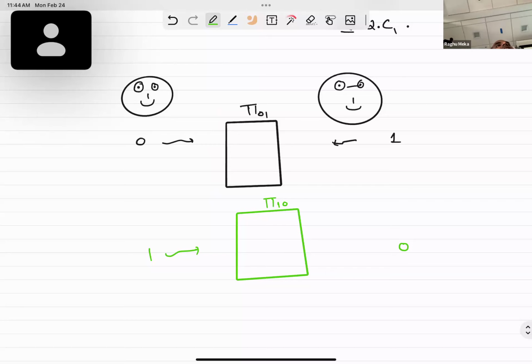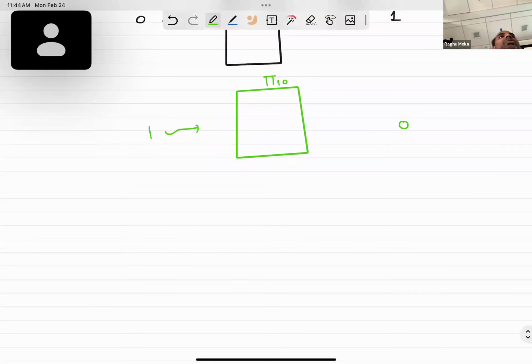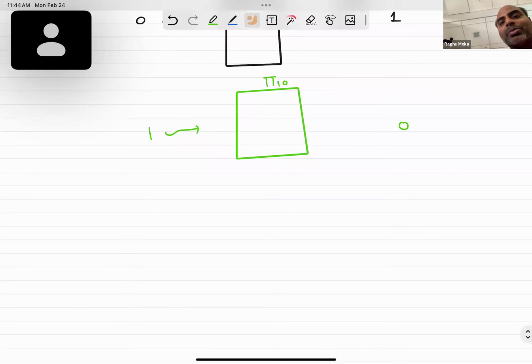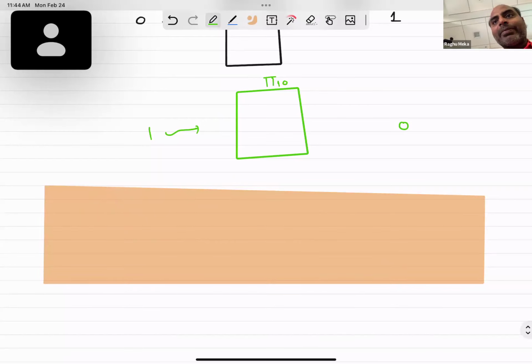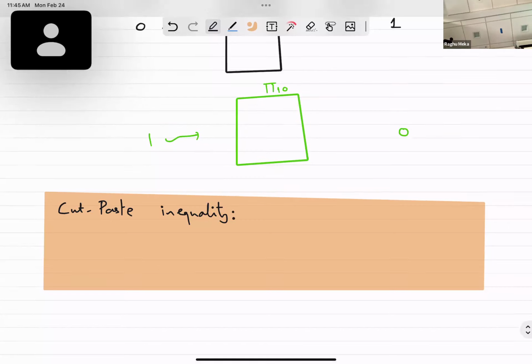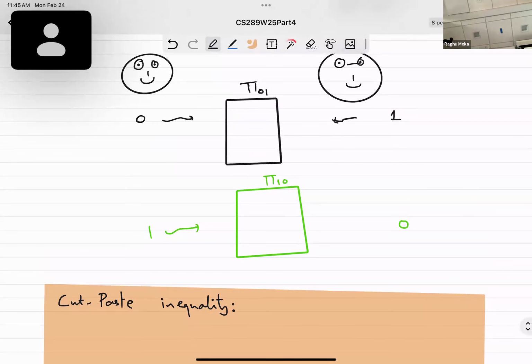All right. And here's where there's some very nice property of distributions and protocols. It's called the cut paste inequality. Okay. Again, we are not going to prove it because of time. So what is a cut paste inequality? So think of what the protocol does.